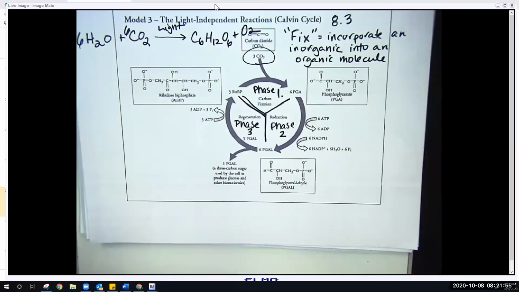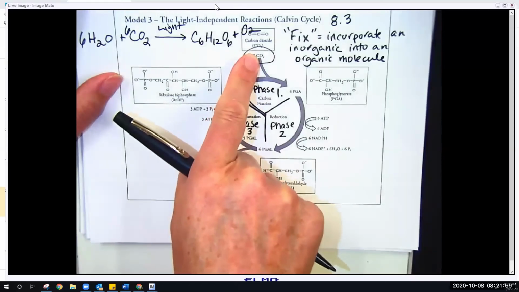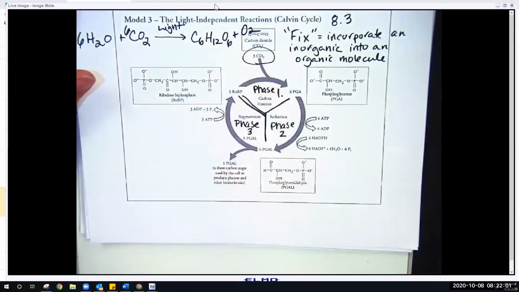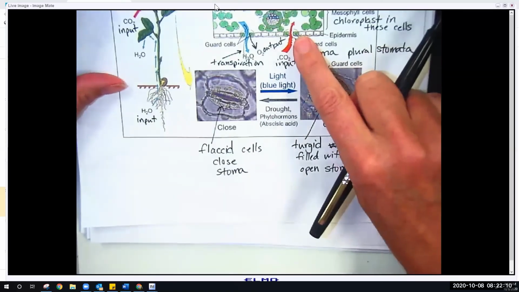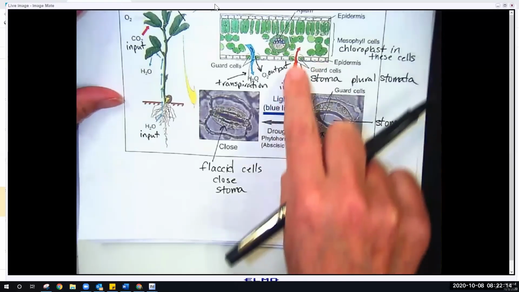So that's our first step: bringing carbon dioxide in from the atmosphere and incorporating it into an organic molecule. Remember that carbon dioxide is coming into the plant through the bottom of the leaf, through the stoma, and that's how the carbon dioxide gets in there.